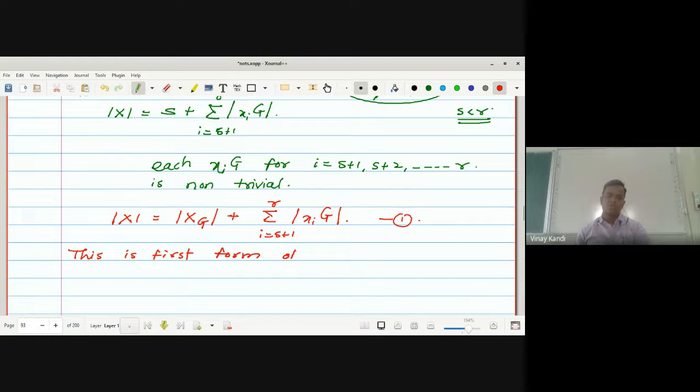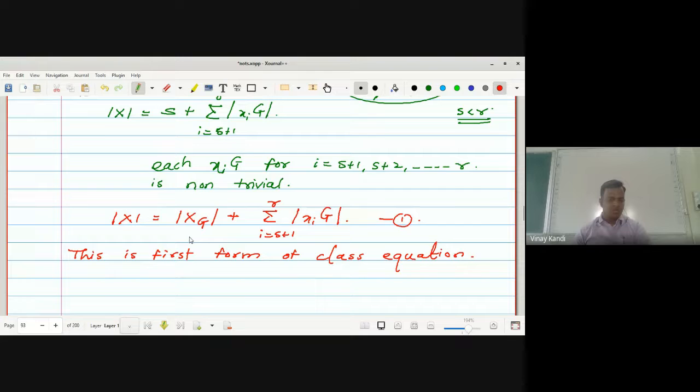First form of classification. Okay, any doubt up here? Okay, and the order of X is nothing but the order of Xg, that is the union of the set in which each orbit contains only one element. Okay, the collection of those elements becomes Xg.